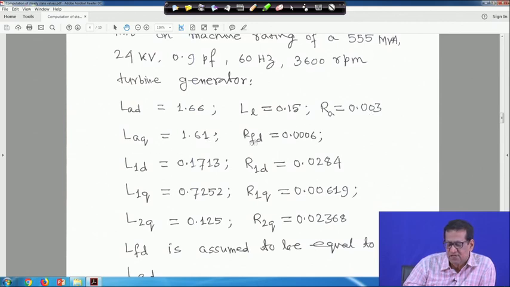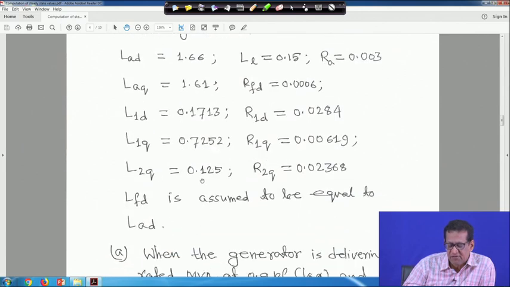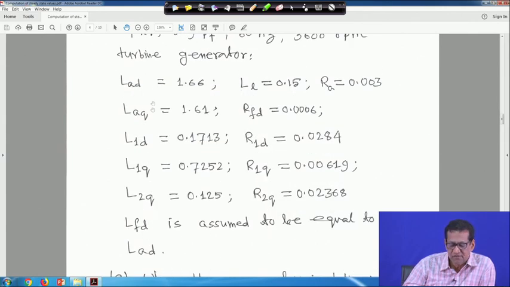LAQ is 1.61, RFD 0.0006, L1D 0.1713, R1D 0.0284, L1Q 0.7252, R1Q 0.00619, L2Q is given 0.125, R2Q 0.02368, right. LFD is assumed to be equal to LAD, right. So, here LAD is given, and it is assumed that LFD is equal to LAD, right.